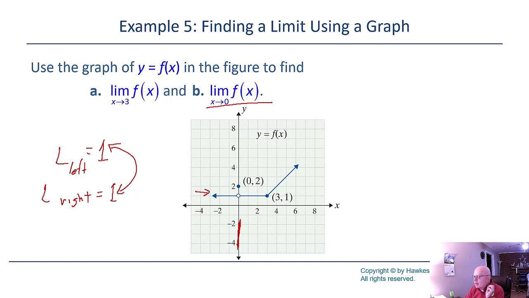How about the 3? I guess I did these backwards, sorry. Let's take this one. How about 3? 3 is here. If I'm coming in this direction, I'm getting close to 1, just like we did on the other one. If I'm coming from this direction, I might be hitting higher values at first, and as I get close to 3, I get close to 1.